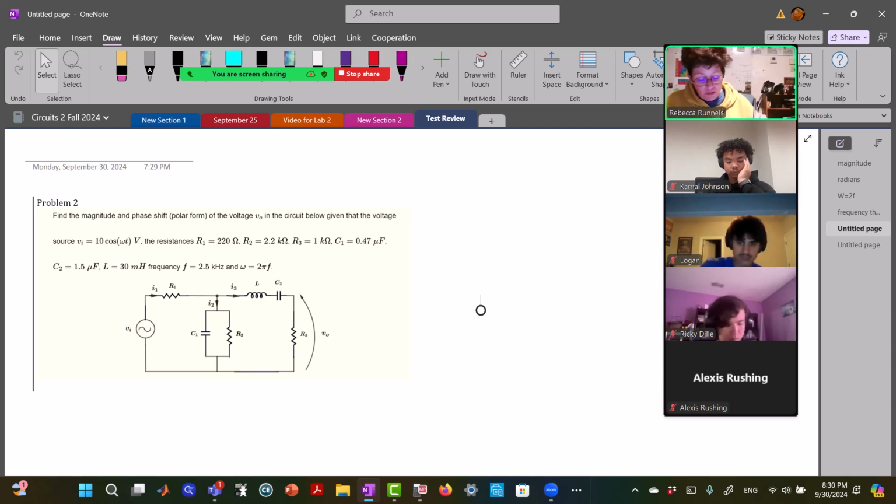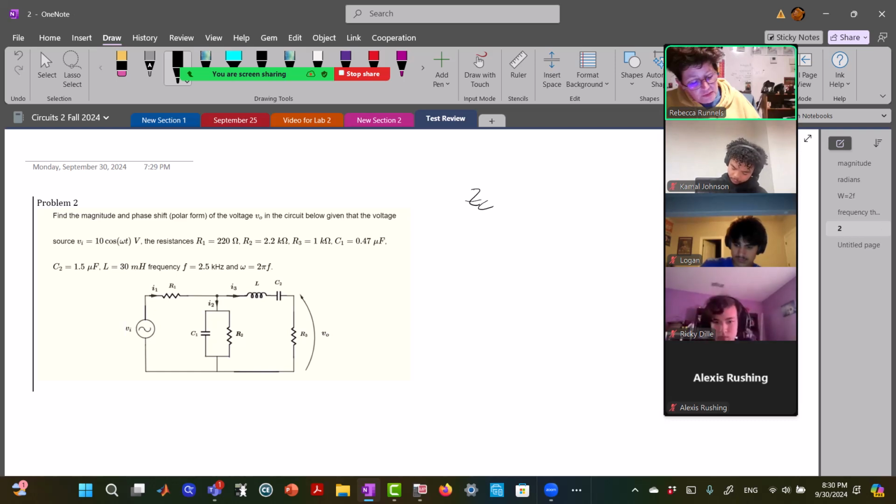So you're going to use Z, the impedance for the capacitor is minus J over omega C, and Z for the inductor is J omega L. Z for the resistor is just the resistance, and you'll need to find omega.